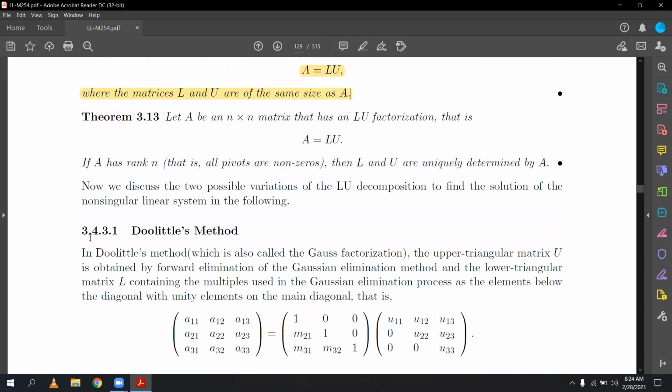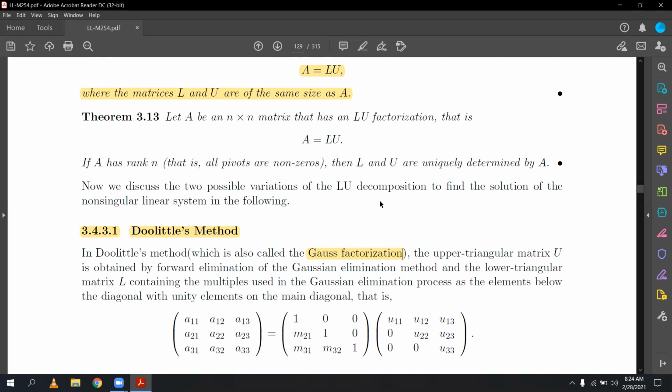Now let's do the first method of LU decomposition, which we call the Doolittle method. Sometimes I also call it the Gauss factorization.